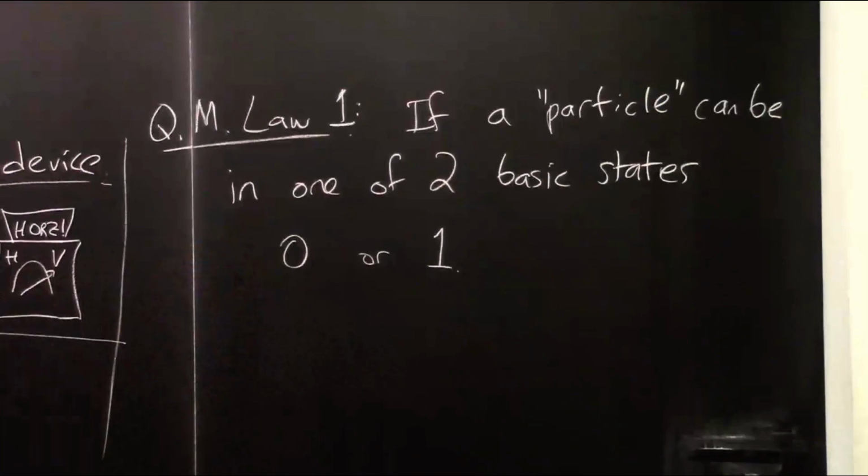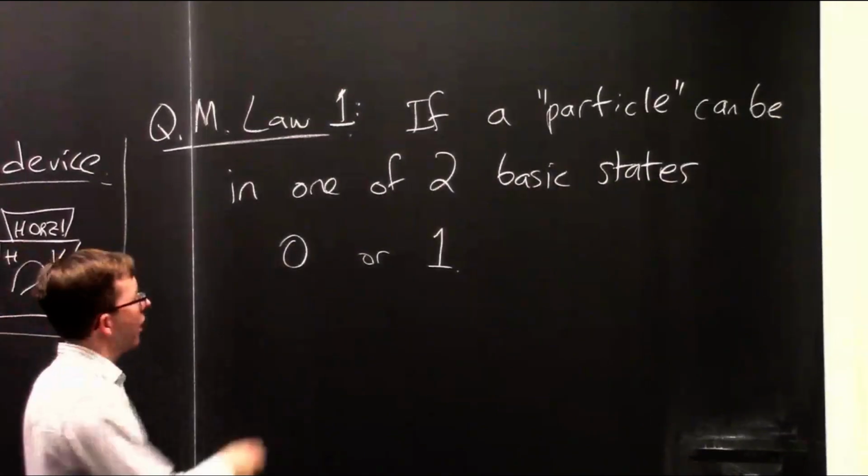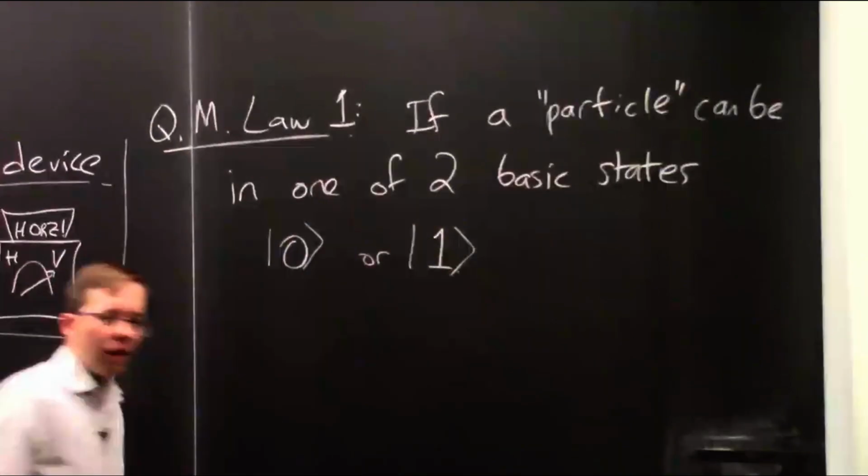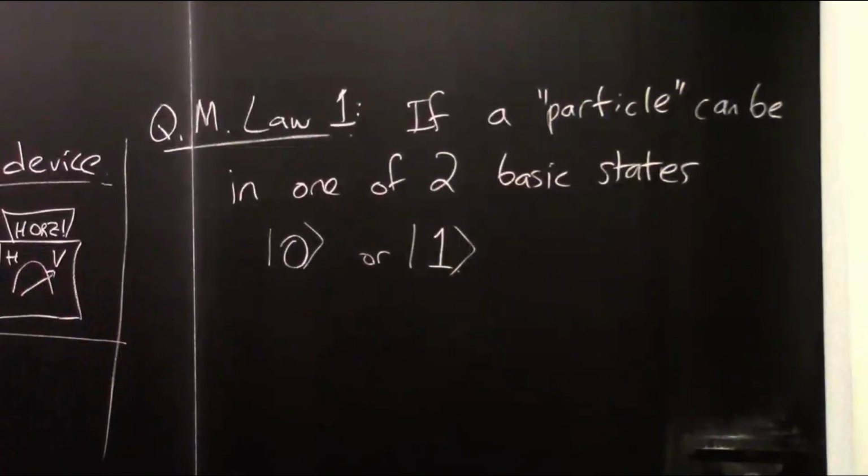That might be its spin or its polarization or its energy level. Also, let me put weird asymmetrical brackets around these 2 things. I'll explain that later. It's just some symbols for now.